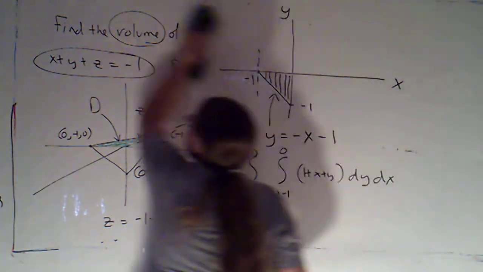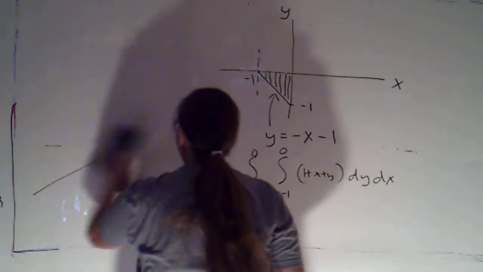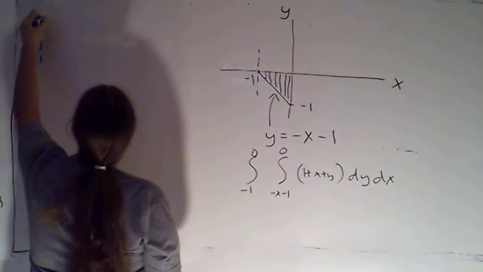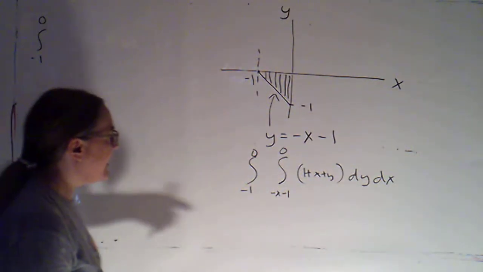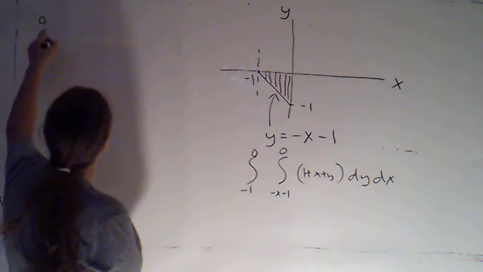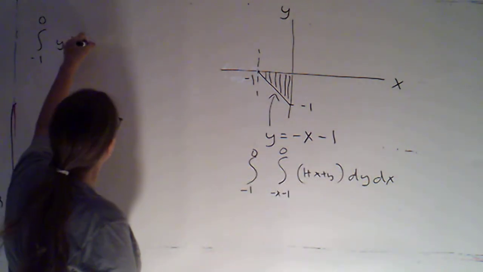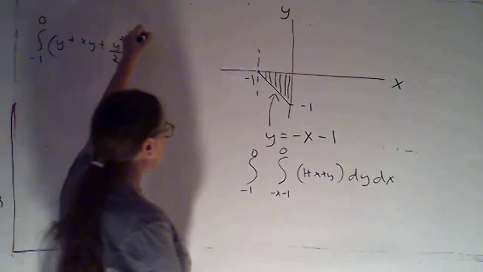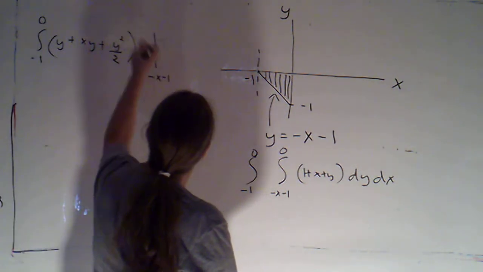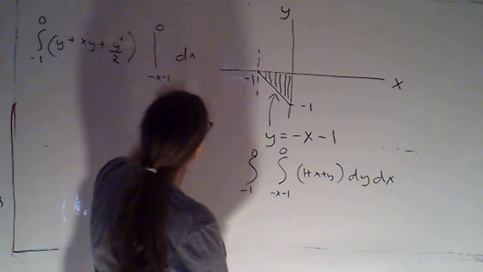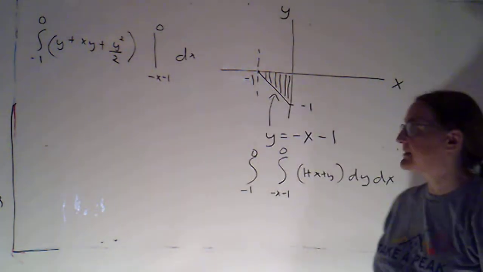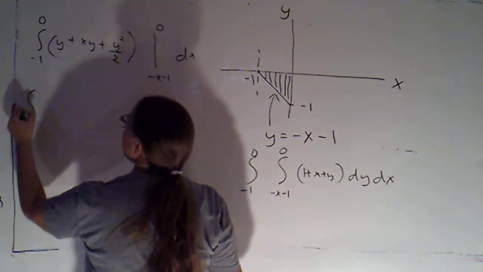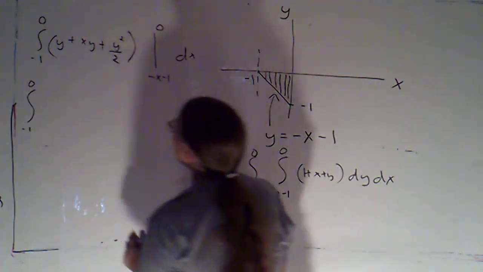Okay, so let me just erase this left side of the board so we've got some room to work. All right, so from -1 to 0, integrating with respect to y, I'm going to get y plus xy plus y squared over 2. And we're evaluating that between -x minus 1 and 0, and then we'll integrate with respect to x. Okay, so that's going to be the integral from -1 to 0.